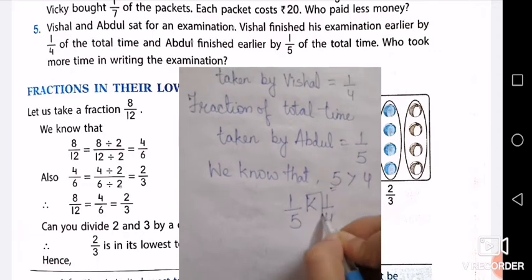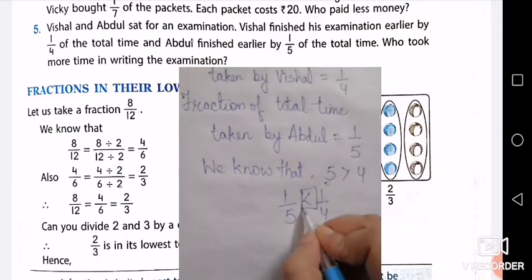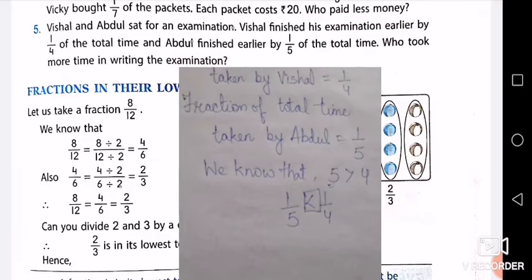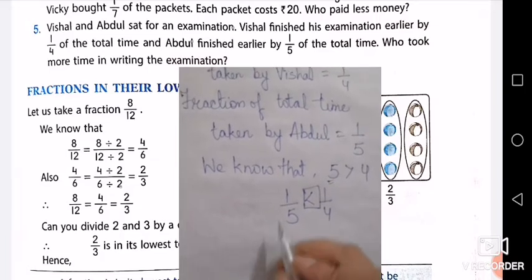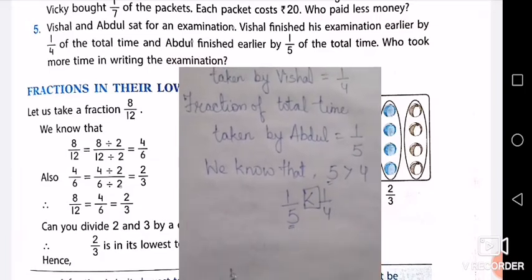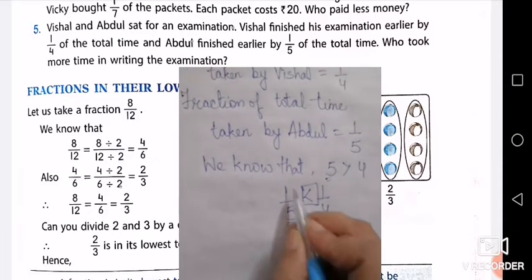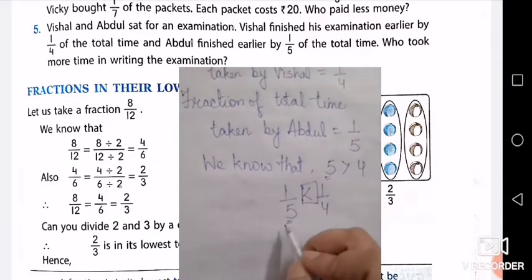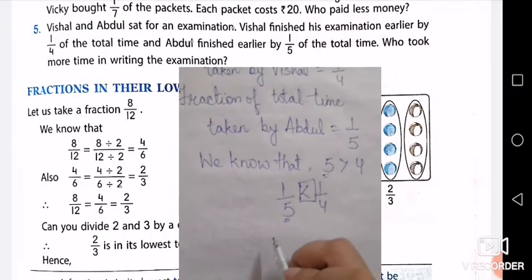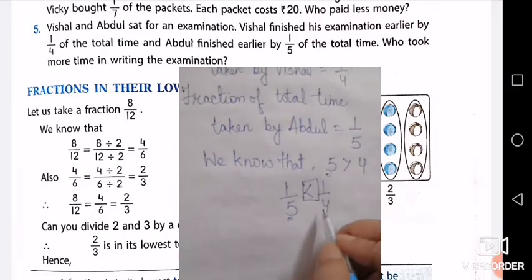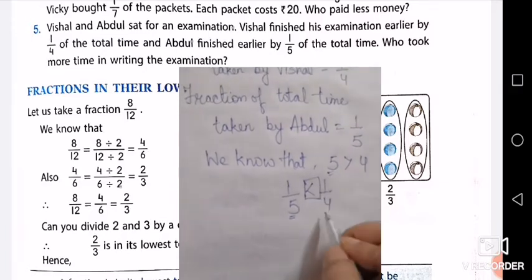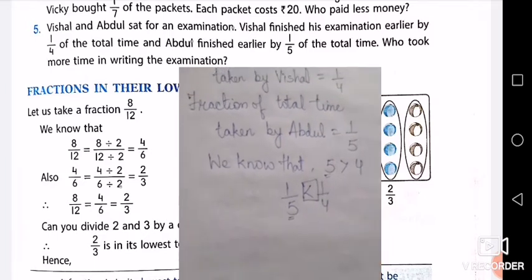Now what is the question? Yes, the question is who took more time to write. One who has taken the lesser time has not taken more time. One who took more time, that is whichever fraction is greater, that person has taken more time.